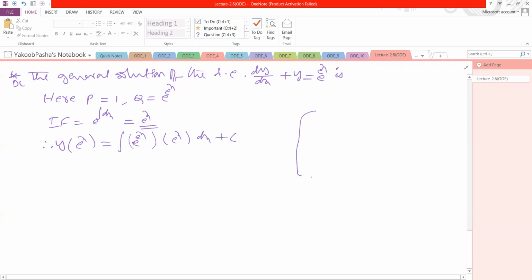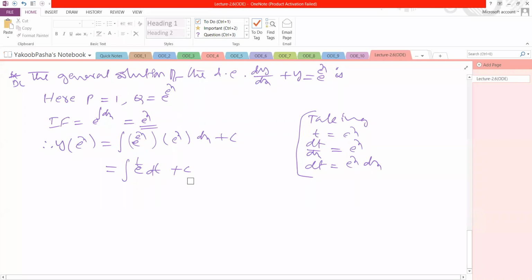So we take t is equal to e to the power of x, and differentiating with respect to x, we get dt by dx is equal to e to the power of x, and dt is equal to e to the power of x into dx. So substitute here: e to the power of x is t, and e to the power of x dx is dt, plus arbitrary constant c.